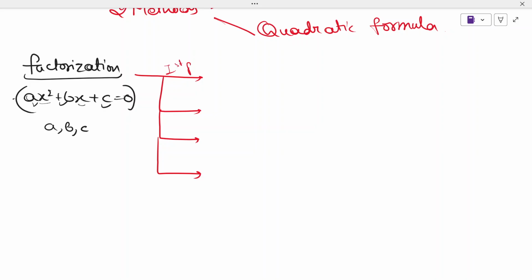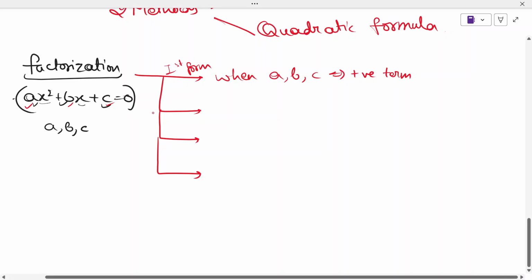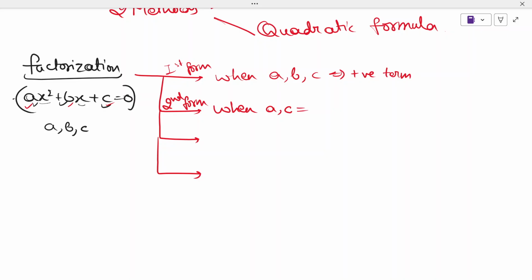First form is when a, b, c terms are positive. Second form is when a and c are positive terms and b is a negative term.